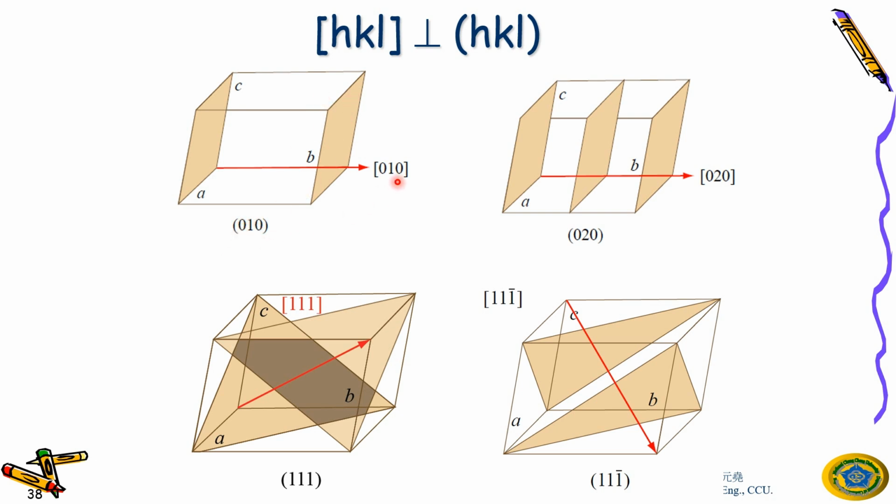So these numbers are the same, and they are always perpendicular to each other. 垂直的, okay? So this direction, this is the plane. They are 垂直, right? The same as this direction and this plane.